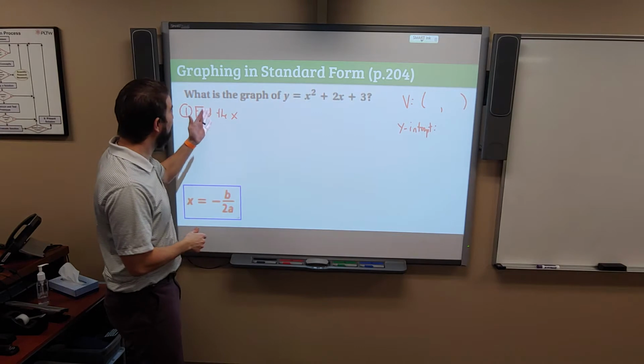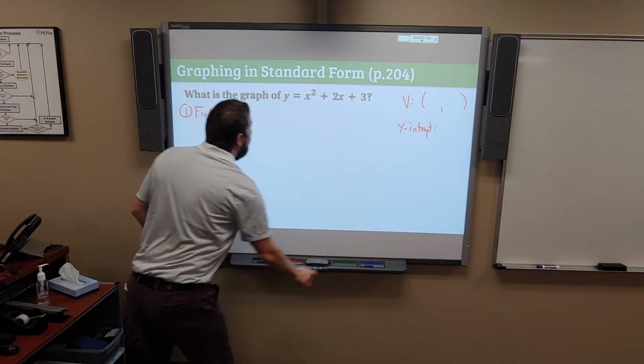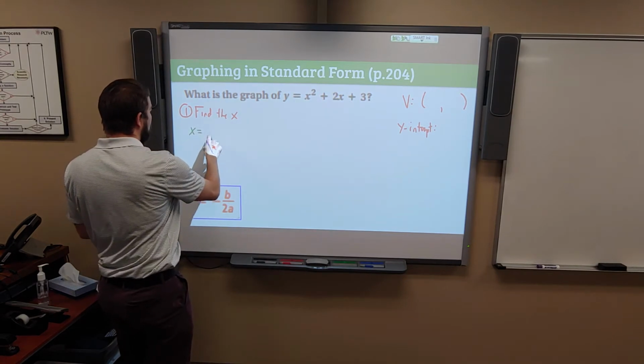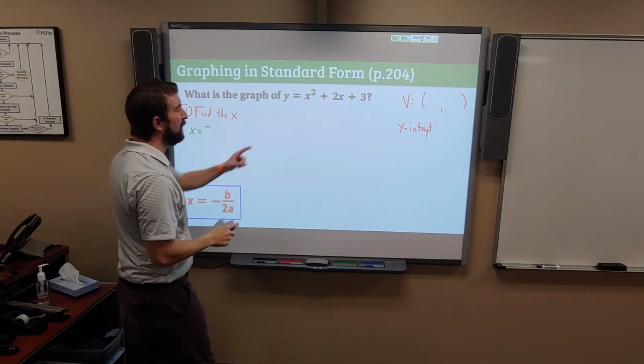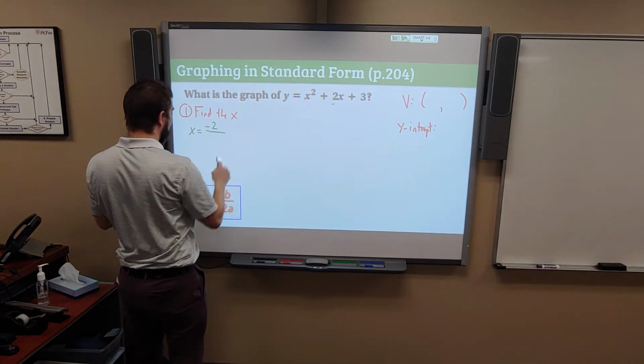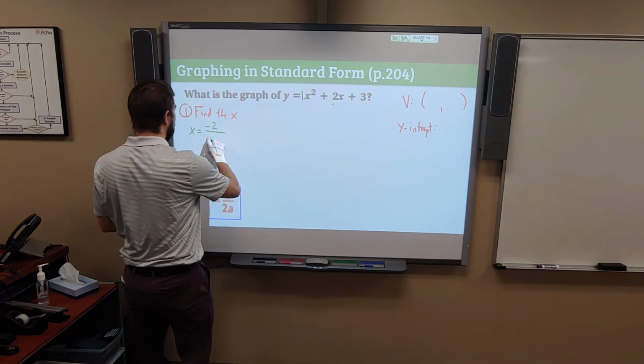All right, so I need to find the x by plugging stuff in over here. x equals negative b, which is going to be negative 2, over 2a. And remember, that's an invisible 1.